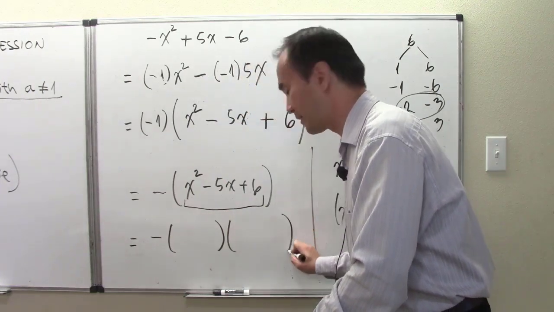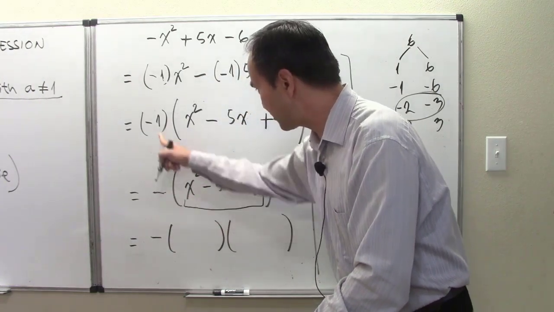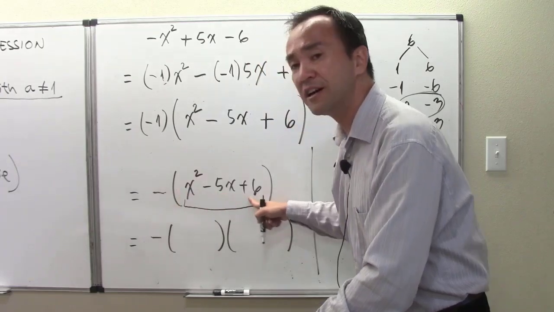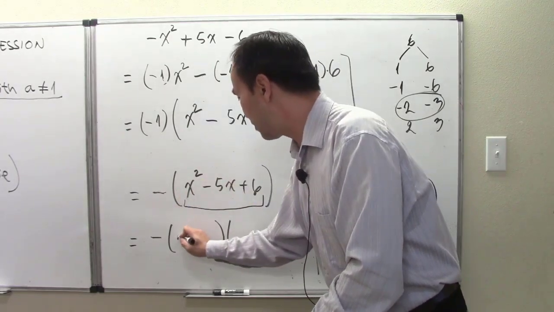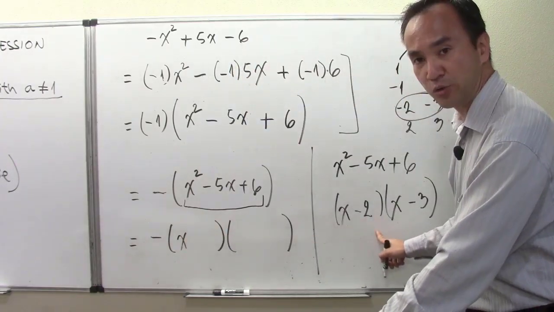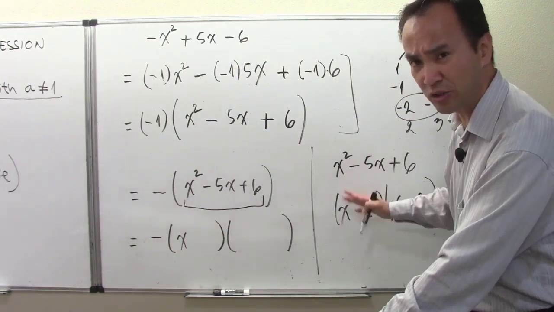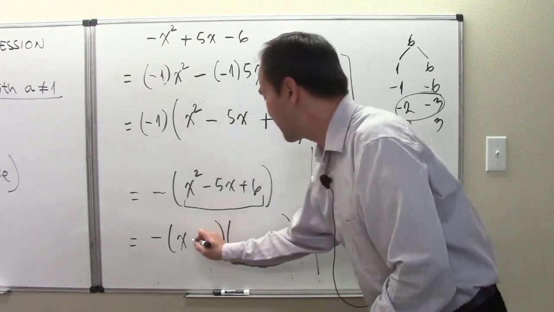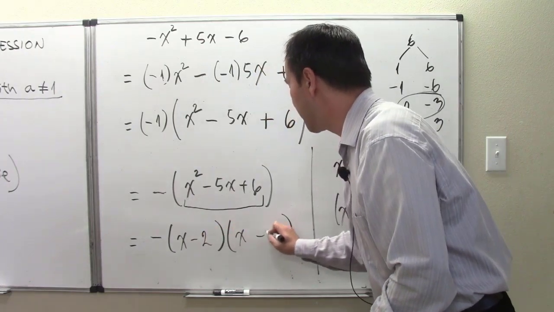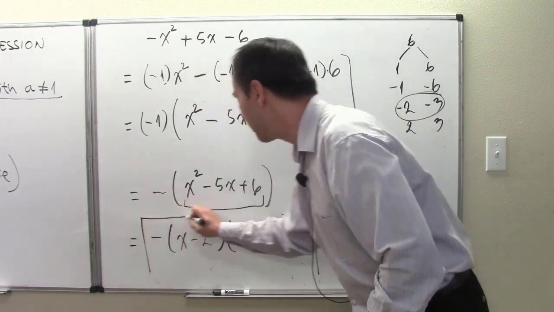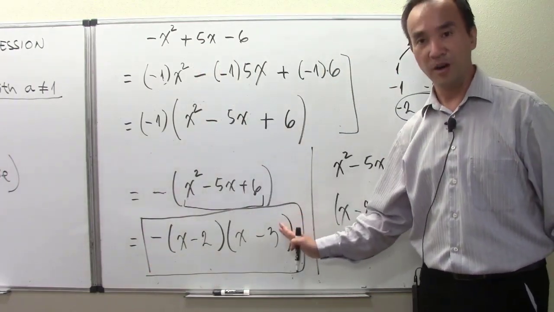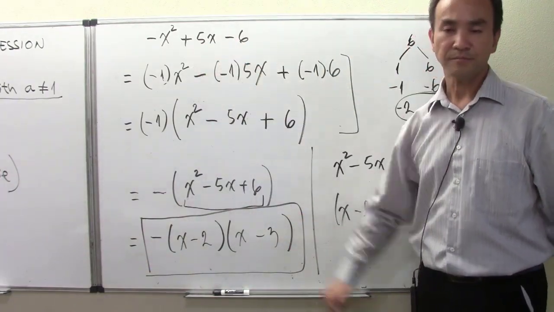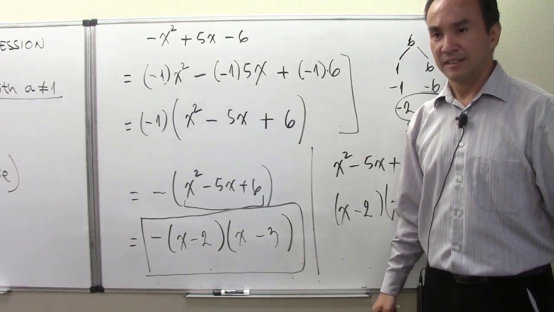That's the logic: we factor out the minus sign, and then we further factor out the quadratic that's left behind in parentheses. According to the scratch work, it doesn't hurt to write it down as well: x minus 2 times x minus 3. This is our final factoring product, and this is the factored form of our beginning quadratic polynomial.